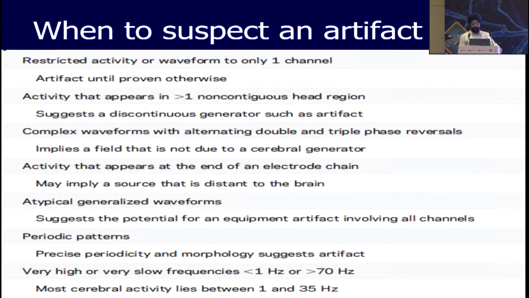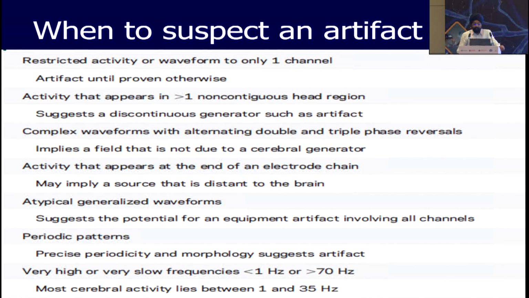So, when do you suspect an artifact? Restricted activity to only one channel. It's an artifact until ultimately proven otherwise. If it appears in more than one non-contiguous head region, it suggests a discontinuous generator such as an artifact.